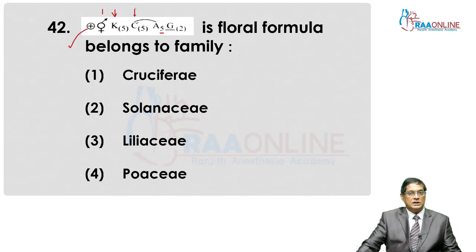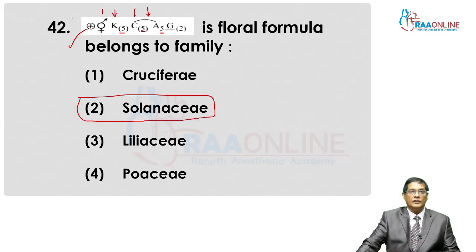Two signs are sufficient to know: first epipetalous, second pentamerous flower. These are characteristic features of Solanaceae family. Pentamerous is common in Cruciferae or Brassicaceae. This is common even in Liliaceae.